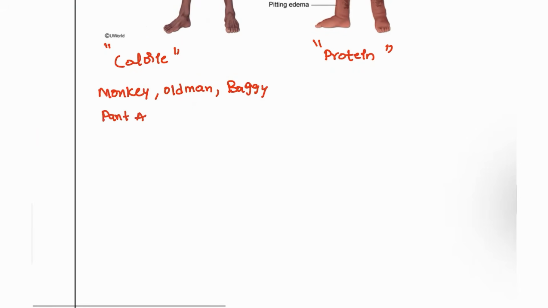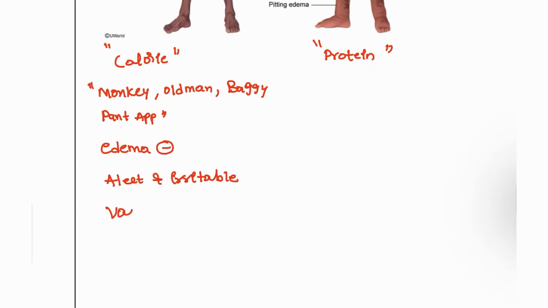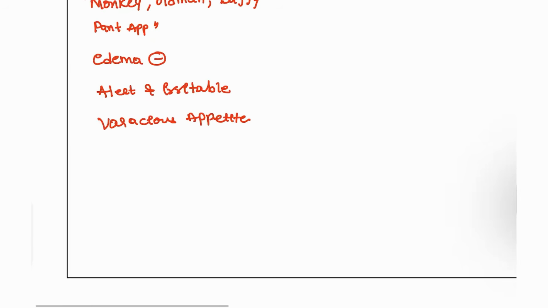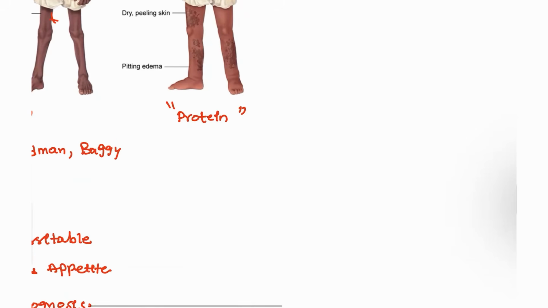So these all are seen in the patients of marasmus. Commonly, edema is not seen. Okay, edema is absent here. This patient will be alert and irritable with voracious appetite. Okay, voracious appetite will be seen, and this condition has a good prognosis.